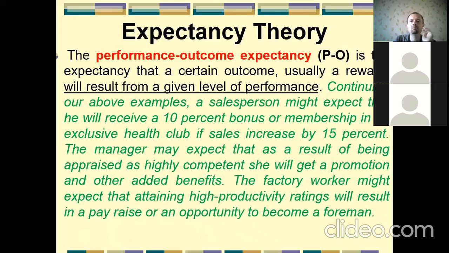The second part within expectancy theory is performance outcome expectancy. It means that every worker must be sure that after successful completion of the work, he or she will have some reward. Is it possible to cheat somebody? Yes, but only once.